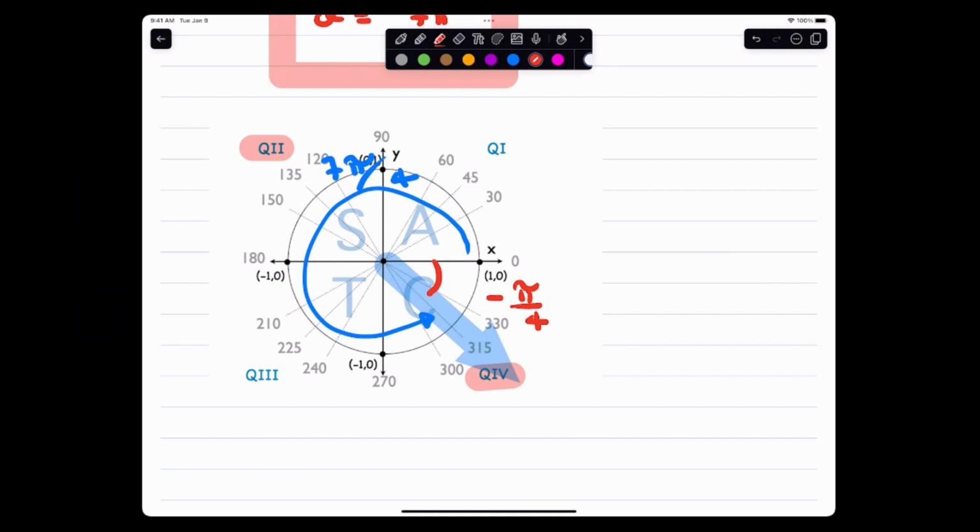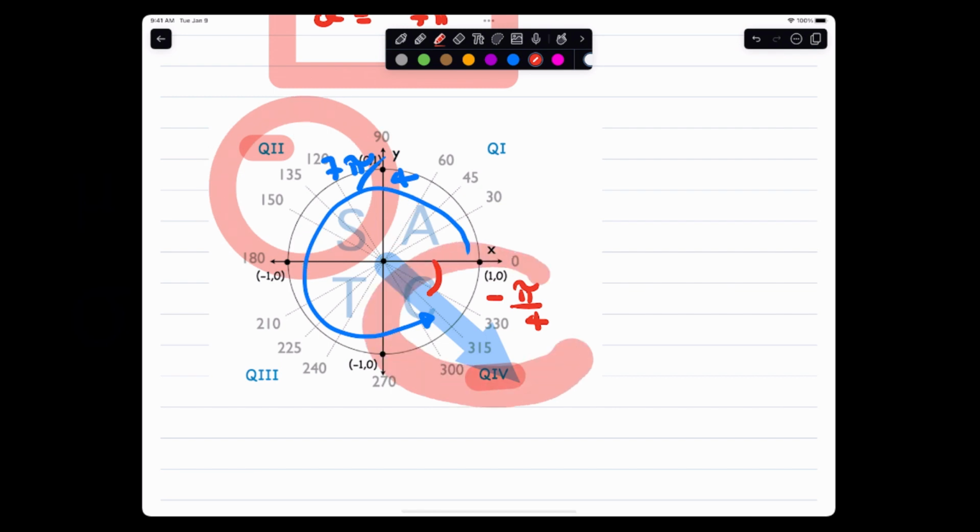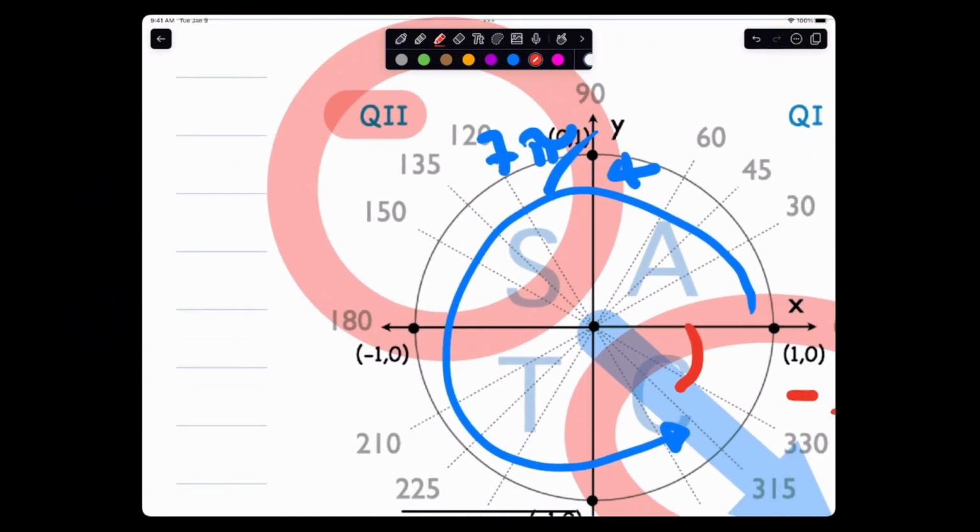Because there's 2 quadrants where tangent's what? Negative. There's 2 quadrants, not 1. How do you get the other quadrant? It's a mystery. These are the problem-solving skills you guys have to have. Well, what quadrant is it in? Is it quadrant 2? Okay.